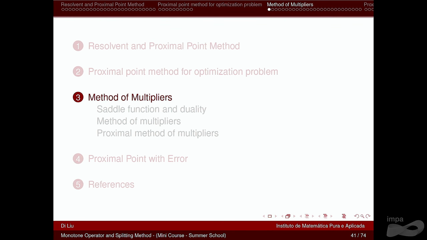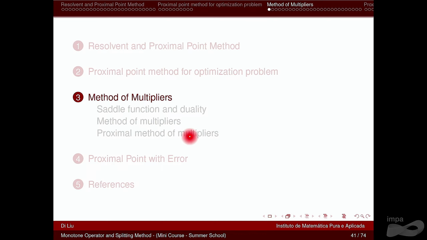Okay, so next we will talk about an application of the method of multipliers. Actually, Rockafellar discussed this in his 1976 paper about the proximal point method. So it's a very interesting and important application.